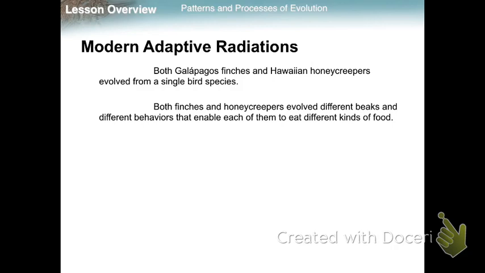Like I said a couple slides ago, the Galapagos finches are an example of adaptive radiation. And then honey creepers, another bird species in Hawaii, have had this evolution of different beak size, different behaviors that enable them to take advantage of different kinds of food that are available in different areas of those island systems.